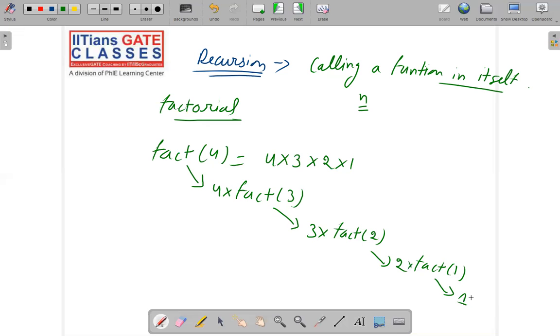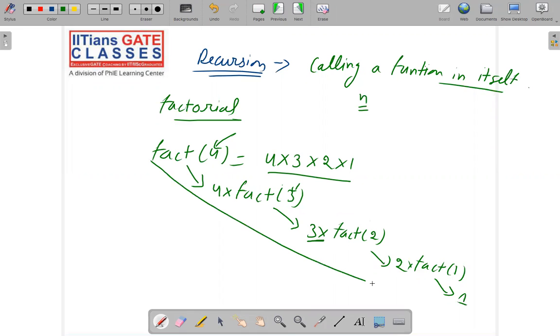Once 1 is returned, 2 multiplied by 1 will be returned here. So it will be 3 multiplied by 2, and 3 multiplied by 2 will be returned here, and so on. So you see, initially the input space is 4, and we reduce this size by 1, to 3. Then we reduce the size again. After multiplying with 3, we call 2.